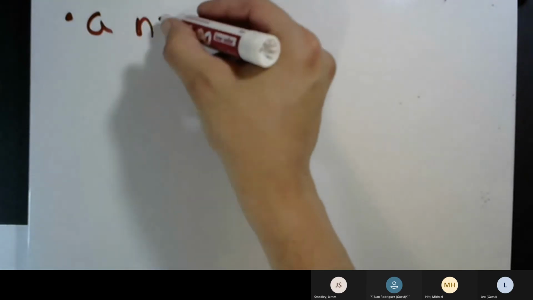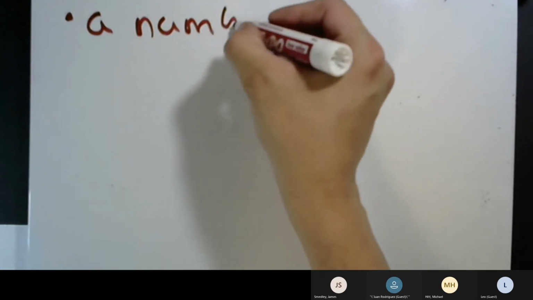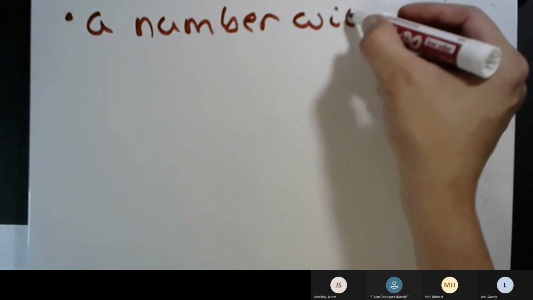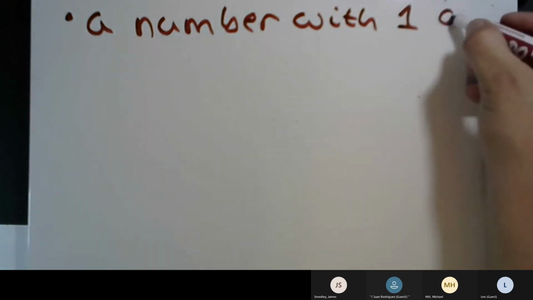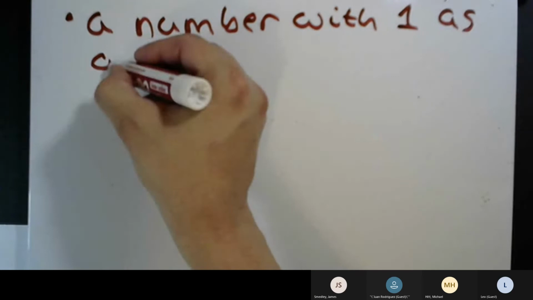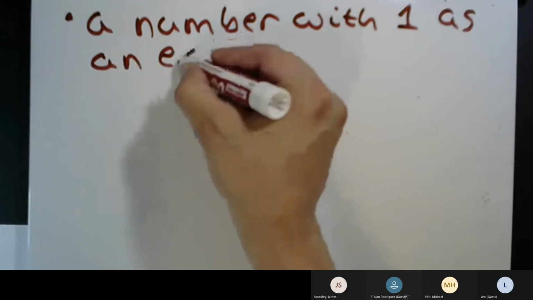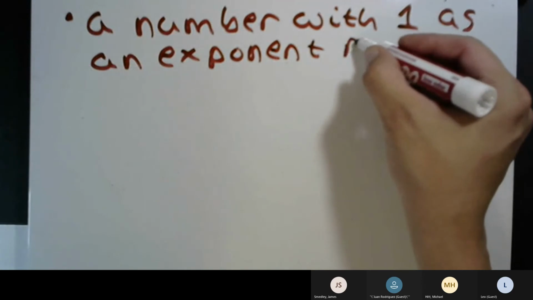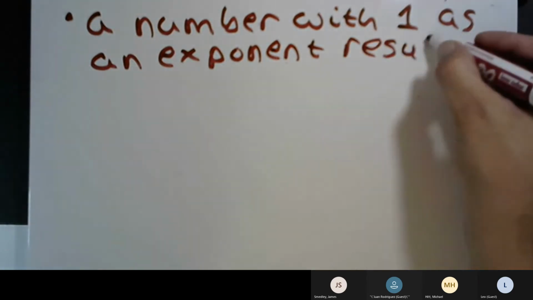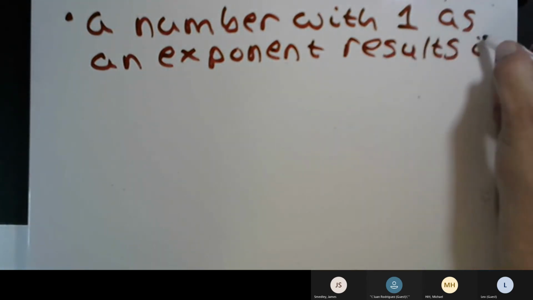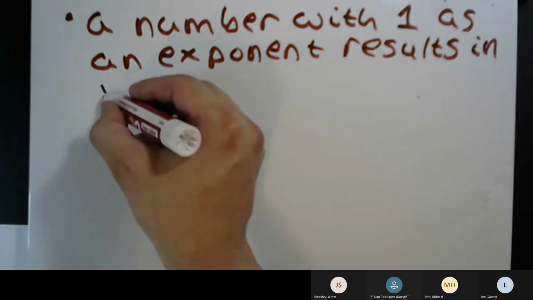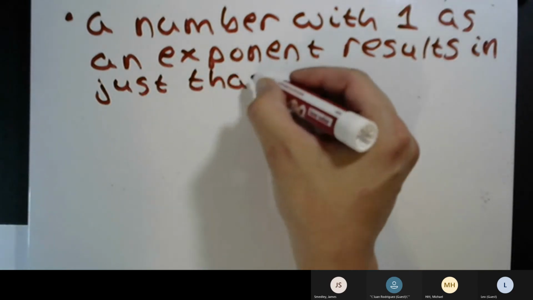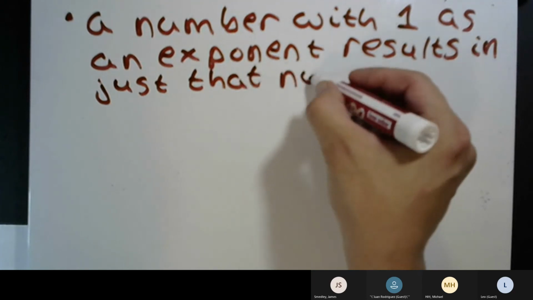A number with 1 as an exponent results in just that number.